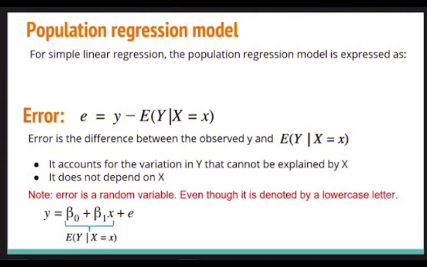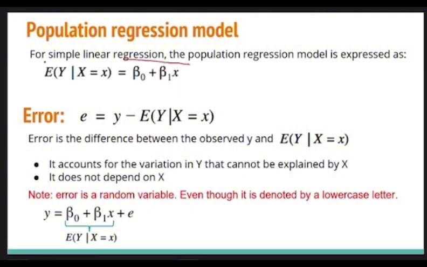Now I want to specify the population regression model. Because I'm only focusing on 2 variables, I'm going to call that simple. Simple means I'm only focusing on 2 variables. Linear means I'm assuming a straight line. That's why, for simple linear regression, the population regression model is this.